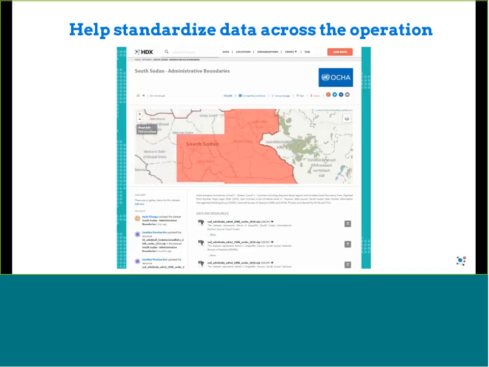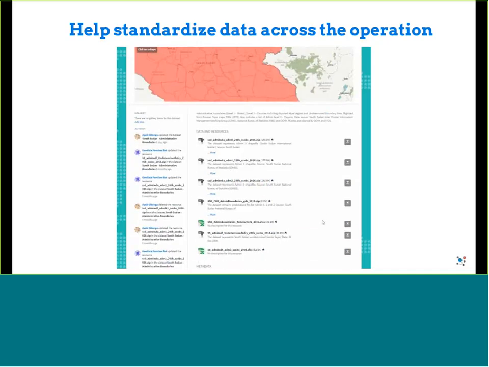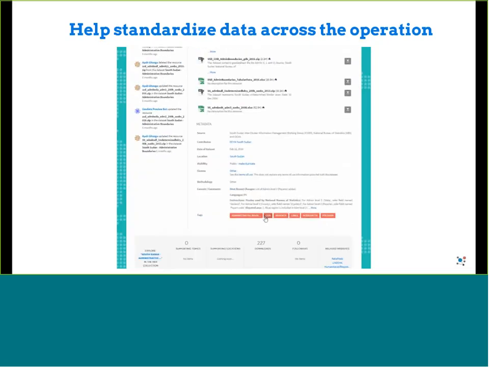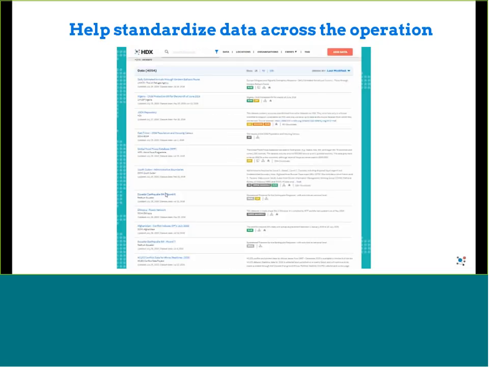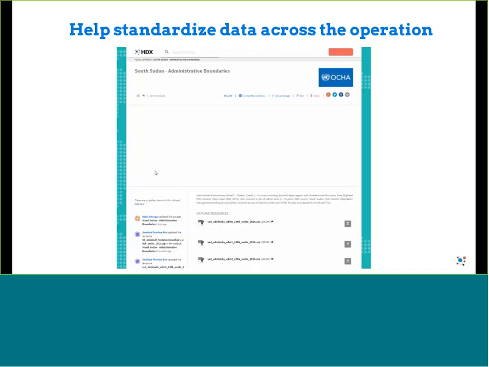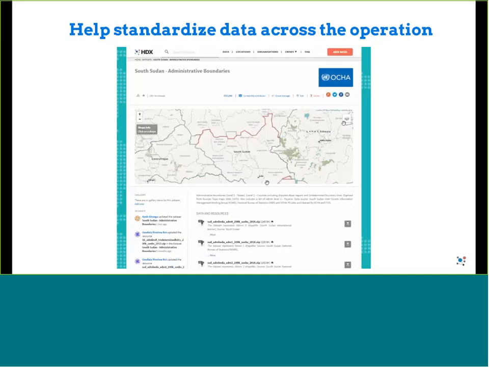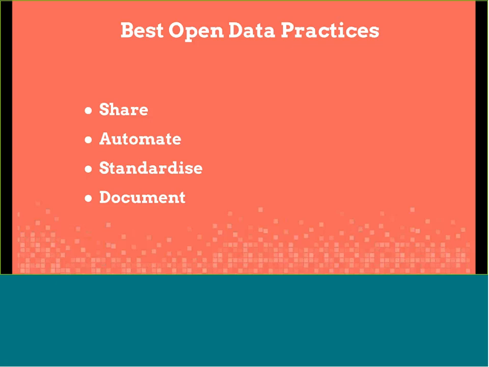And when we talk about certain places or certain locations, we all know we are talking about the same place. So this is one of the other benefits of HDX.